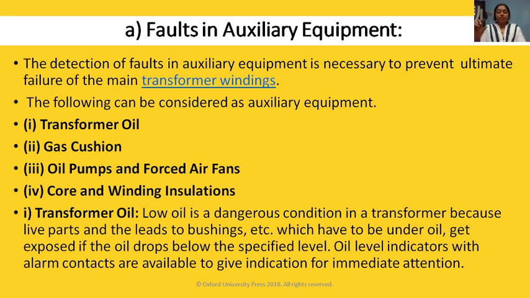That means if these parts are not under oil, if this part gets exposed to the atmosphere, then definitely heating will be there, the transformer heating, and heating may cause insulation failure. Oil level indicators with alarm contacts are available to give indication for immediate attention.